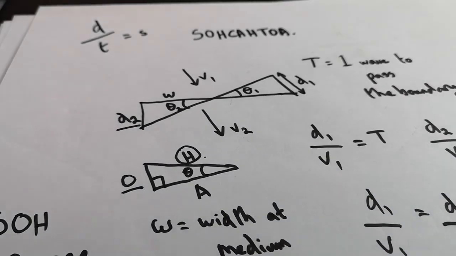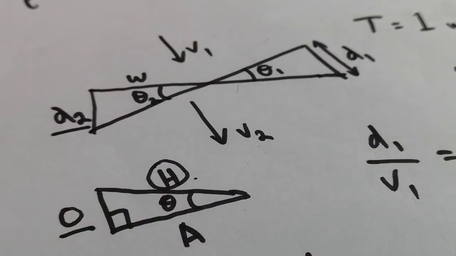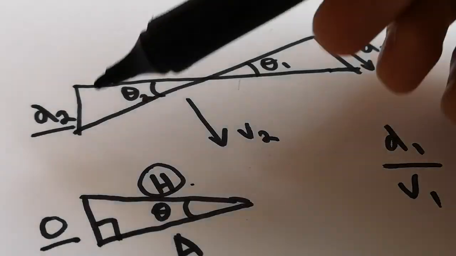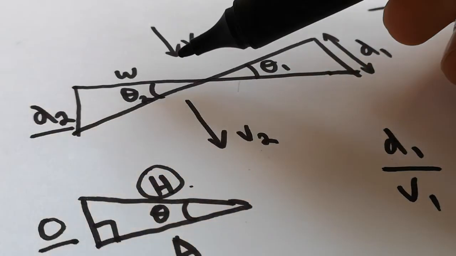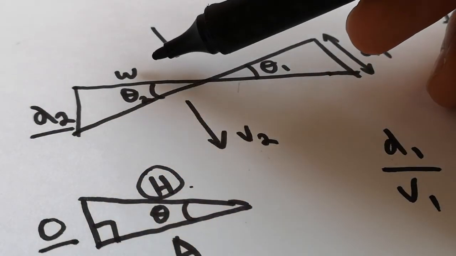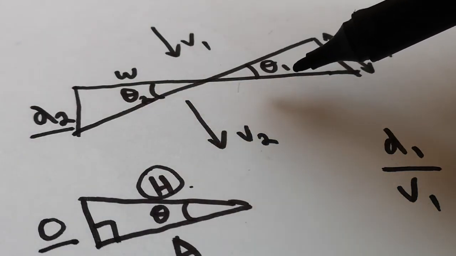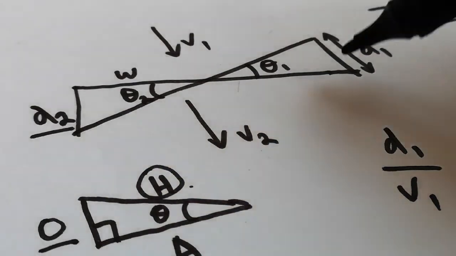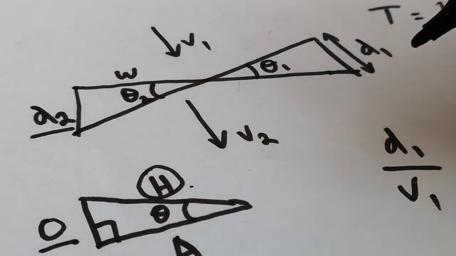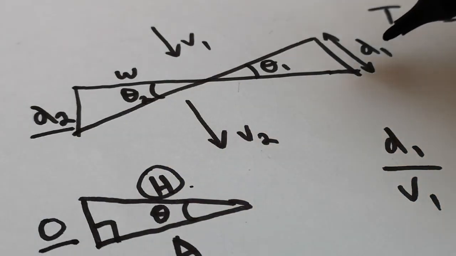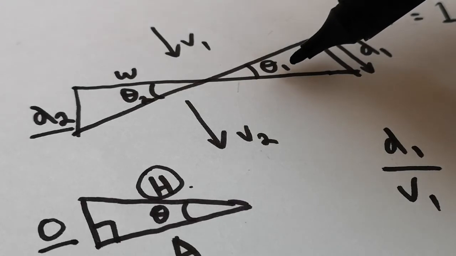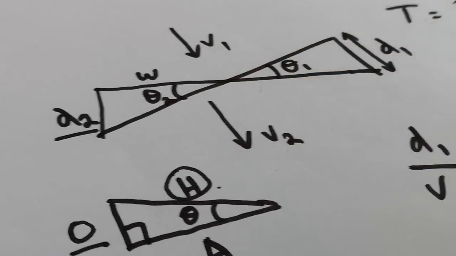Now, if it's true on that side, if we just come back to this diagram over here a second, we're just going to enlarge that a little bit so you can see. If D2 divided by sine theta 2 gives us W, the value of W on this side, which is also, remember, based on Huygens' principle, the width of the wave at this particular boundary, then you've also got D1 over sine theta 1 is going to give you the value of W. So we'll just put that down.